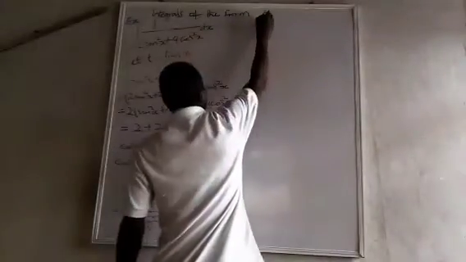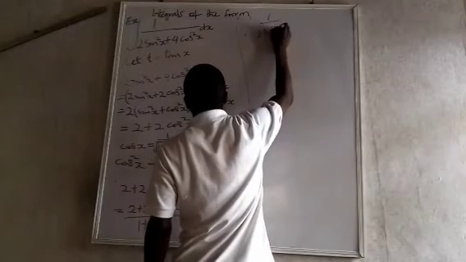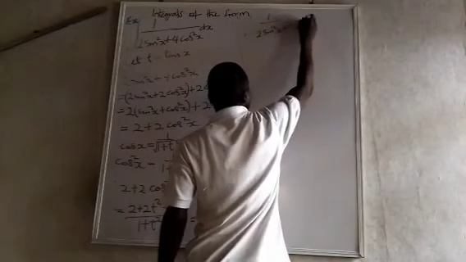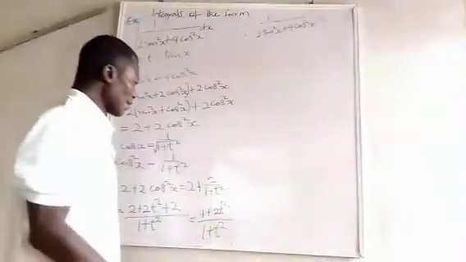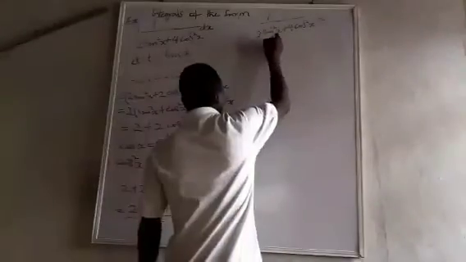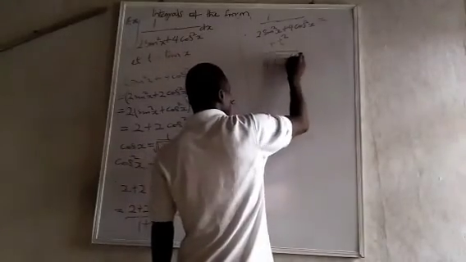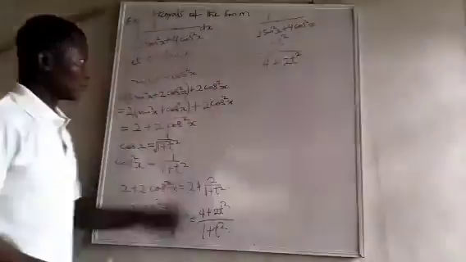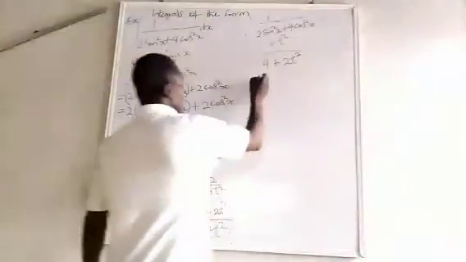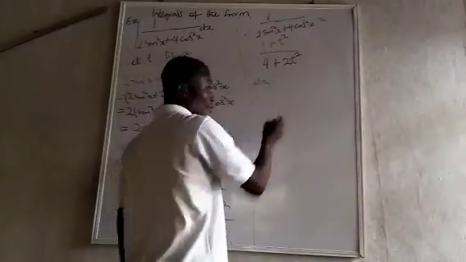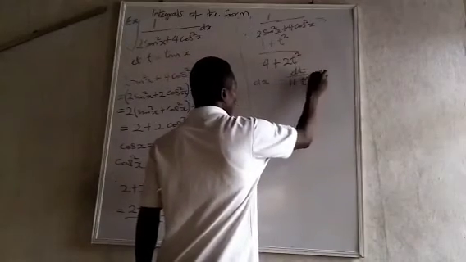Therefore, 1 over 2 sine square x plus 4 cos square x will be equal to the reciprocal of this, and that is 1 plus t squared over 4 plus 2t squared. That is for that. And our dx, as we have gotten before, is going to be dt over 1 plus t squared.